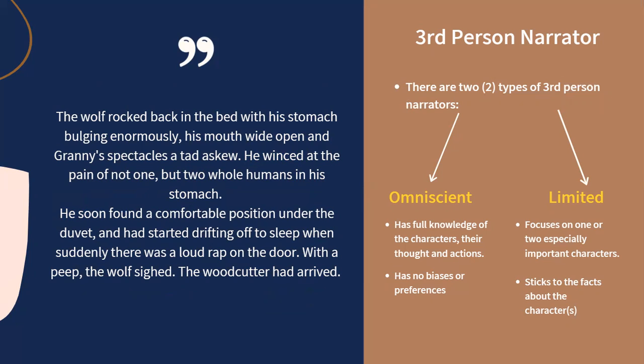Now, this narrator focuses on one or two especially important characters. So he doesn't know everything about everybody. And this narrator sticks to the facts about the character. So he doesn't say just his luck, and he doesn't disclose how the wolf feels about Little Red Riding Hood.